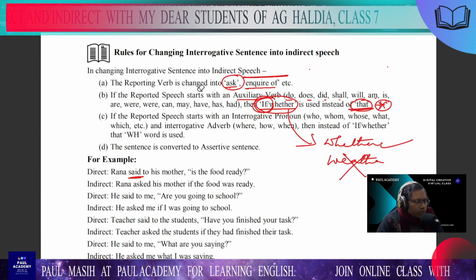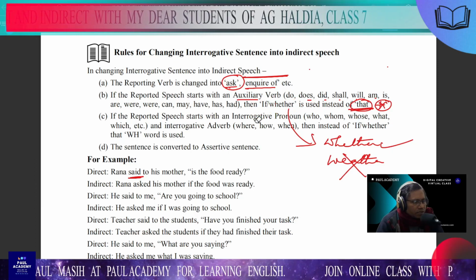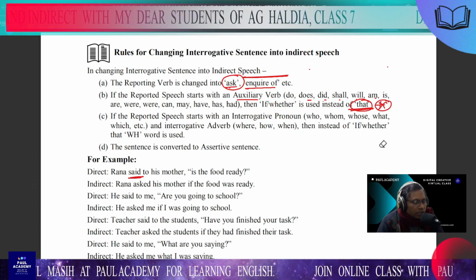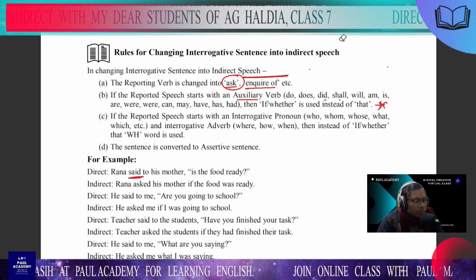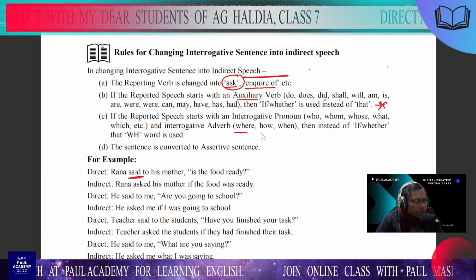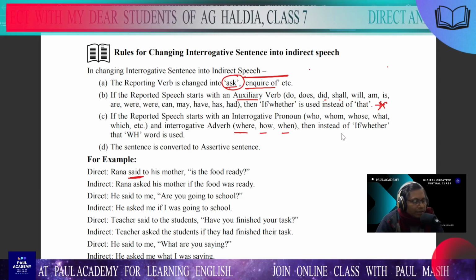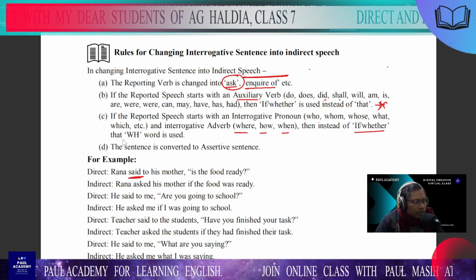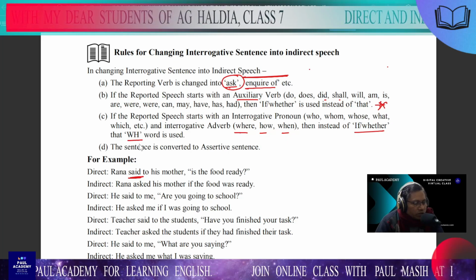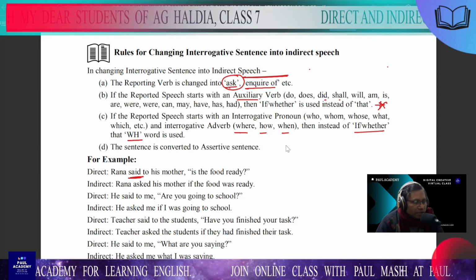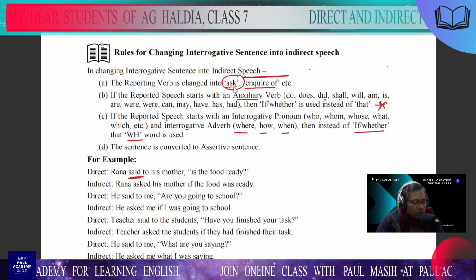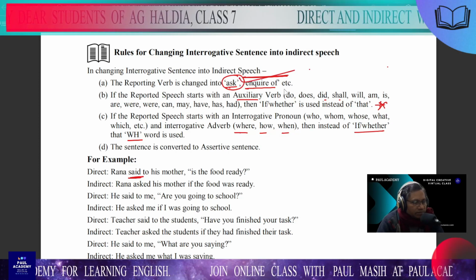Now, the next point is, if the reported speech starts with an interrogative pronoun like who, whom, which, whose, what, or an interrogative adverb like where, how, when, then instead of if or whether, that WH word is used. So what is the thumb rule? In case of an interrogative sentence, we use the reporting verb ask.